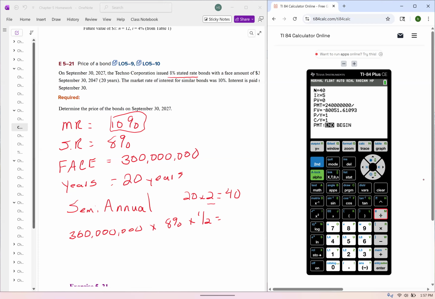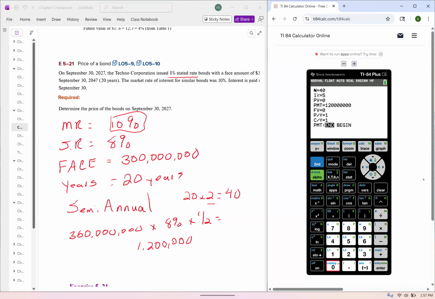Then we're going to divide that by 2 to get an interest payment every 6 months. You could have done that elsewhere, but I just wanted you to know for efficiency when you're taking your test, you could just put it all in there. So that's our payment.